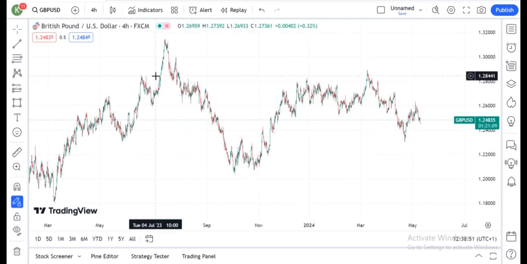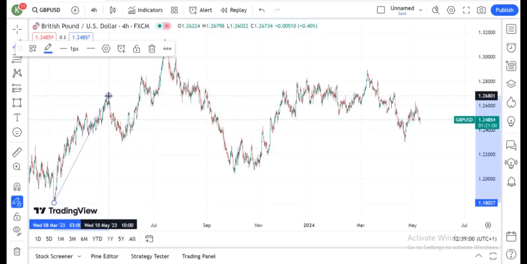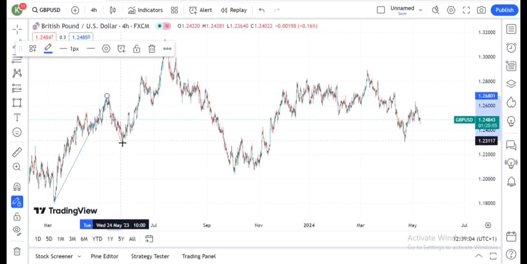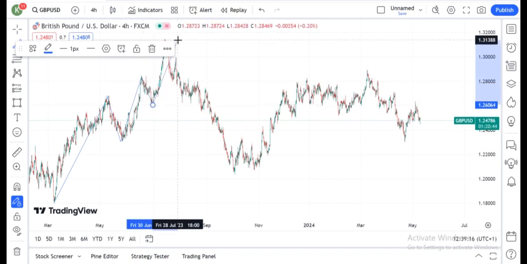One thing you must notice is this movement. You notice the price came from this level and made this high, right? And then made this low, okay? And then made another high, and then made this low, and then it made this high, and then it made this low, right?